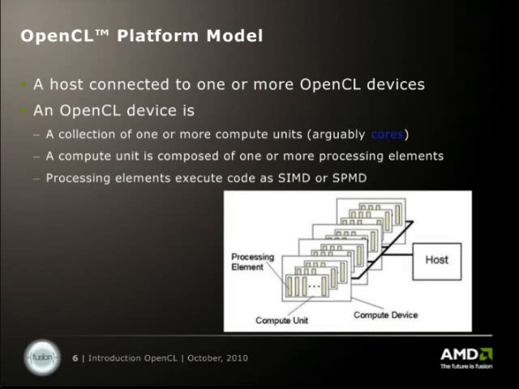And a device itself, from an OpenCL perspective, is seen as a collection of compute units. You can see in this diagram here we have a number of compute units going from front to back. And the compute unit itself is broken into a number of processing elements which execute in SIMD, a single instruction, multiple data execution, or a single program, multiple data execution.